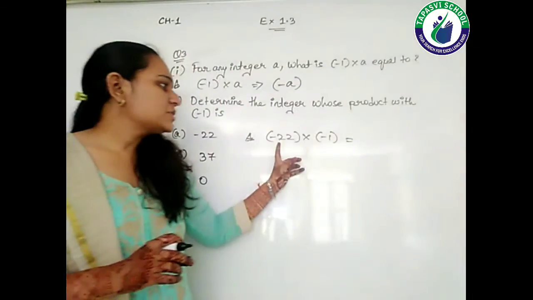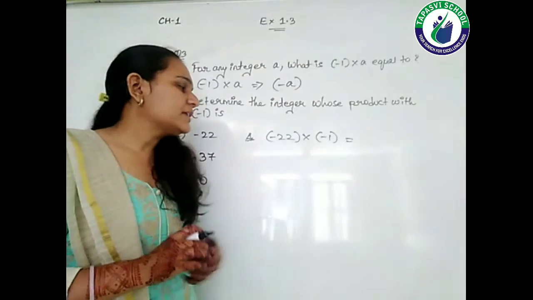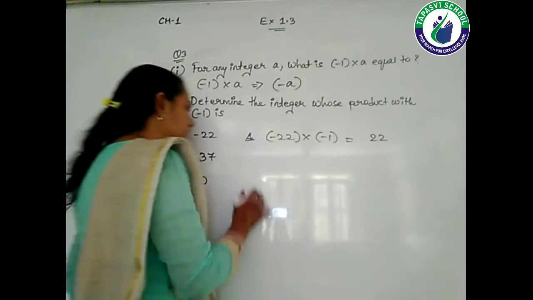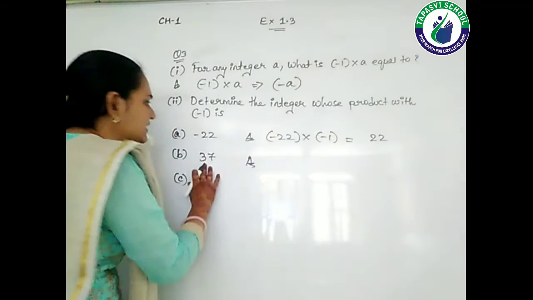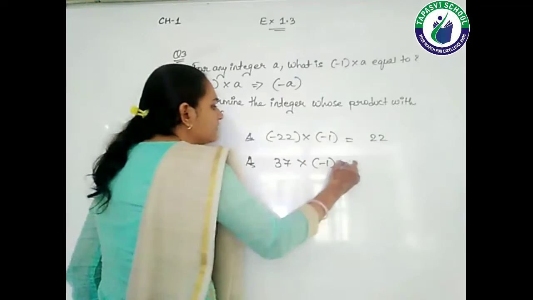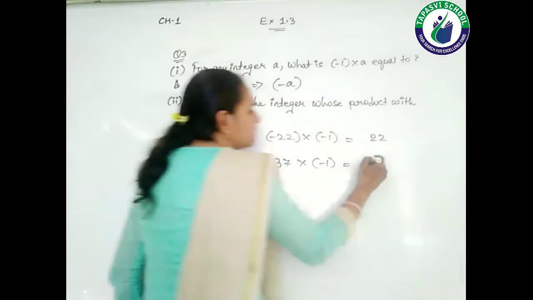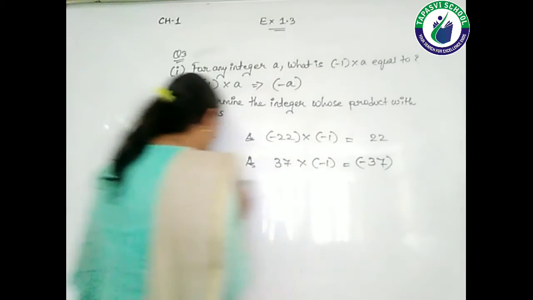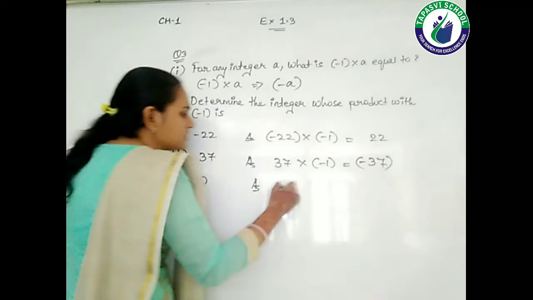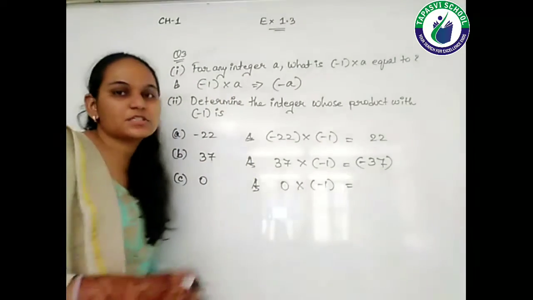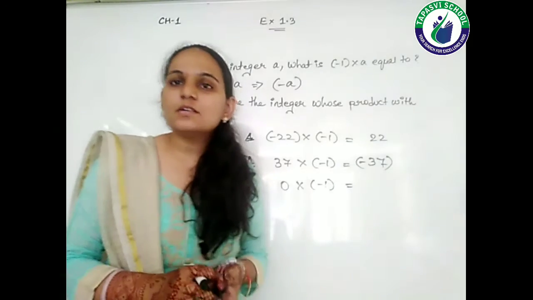So minus 22 into minus 1, you will get the answer as 22, which is your positive number. Second question is 37. If you multiply positive 37 with the negative 1, so 37 ones are 37 and plus minus it is minus. Next one, 0 multiplied by minus 1. If you multiply any number with the 0, the answer will always be a 0.